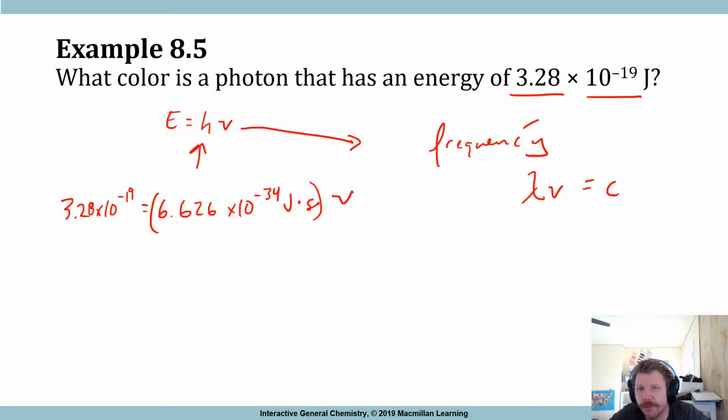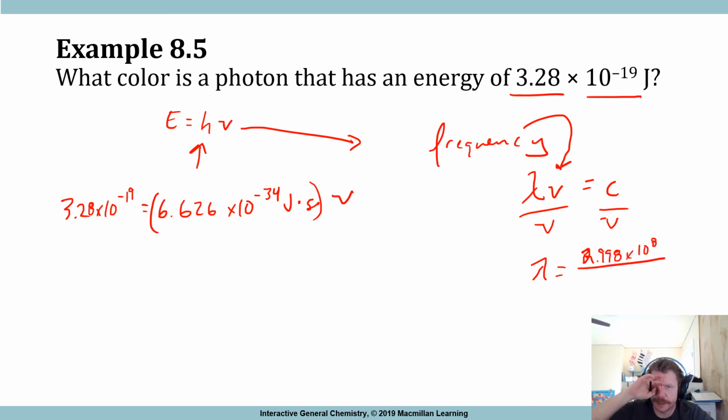So when we solve for frequency, we'll be able to divide by nu, and now we have wavelength, which we can associate with a color, equal to c, which is a constant, 2.998 times 10 to the 8th, divided by whatever frequency I get. So I'm going to go ahead and solve this.